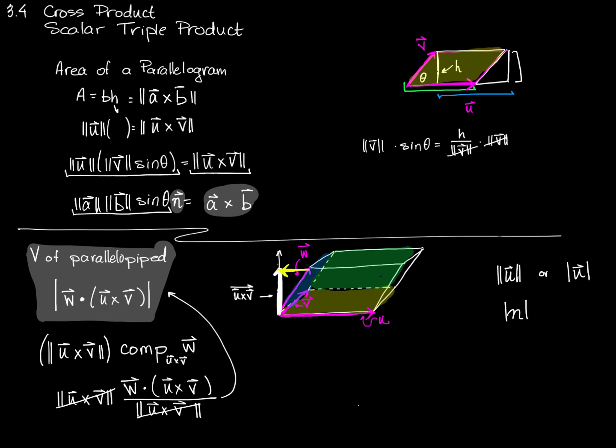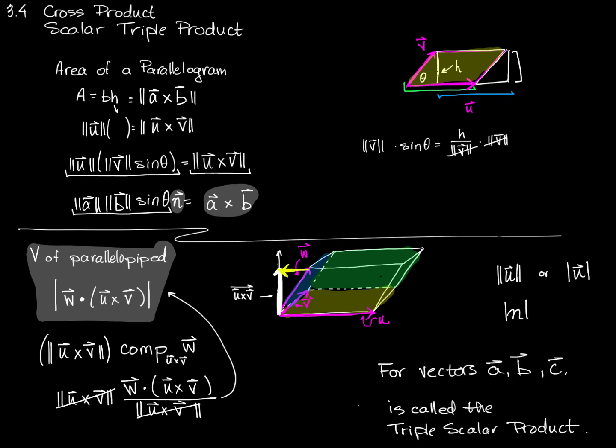So it's not necessarily that you have to use vectors u and v in this position, but that if you use vectors u and v in this position, you have to use the third vector making up the parallelepiped in this position. If you use w and v using this parallelogram, and you use this as your height, right, then you have to change the order of the vectors in the positions, the roles that they play.